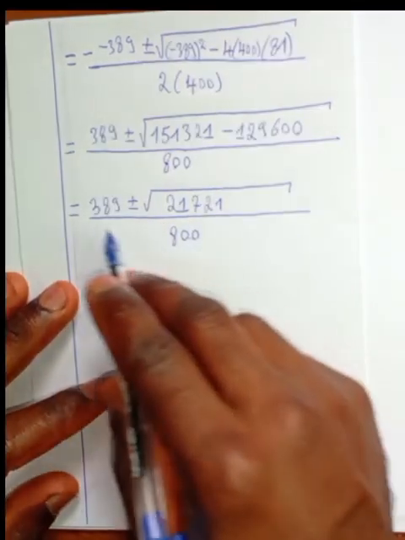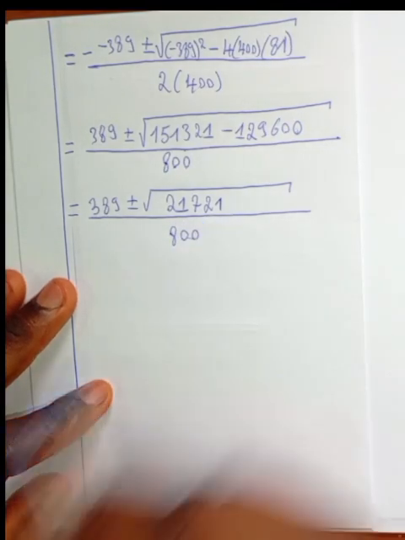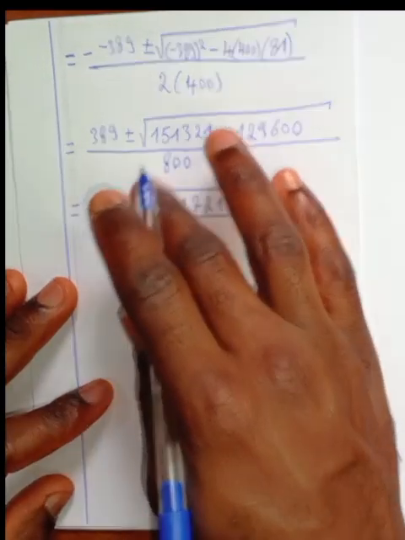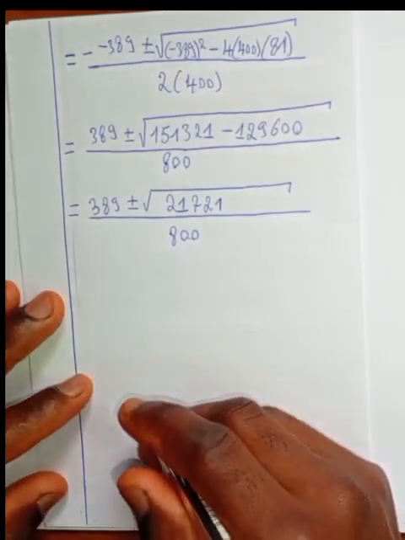At this level, we know the number 21,721 is not a perfect square. We are going to leave it in surd form as such with the square root sign.